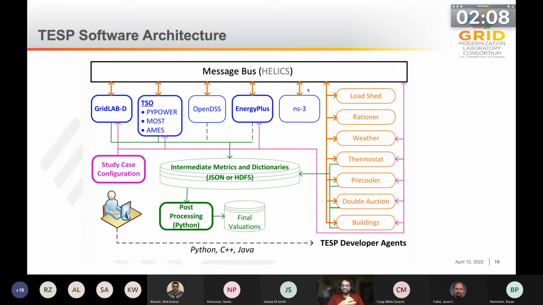I don't know if we need to get into the details here, but the point is TESP comes with these tools. They're integrated. They're ready for you to use. And on the right are a bunch of what we call the agents that have been developed as a part of TESP and are distributed freely and allow you to see some of the common things we've done in the past with TESP. And again, hopefully to spur ideas and provide good starting points for what you're doing. Go on to the next slide.